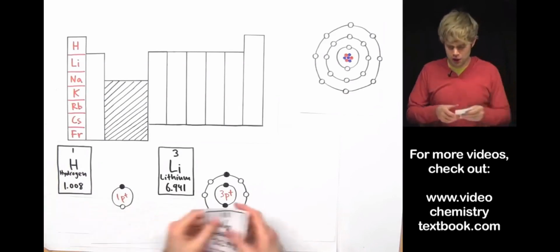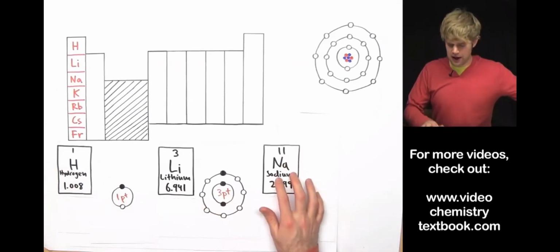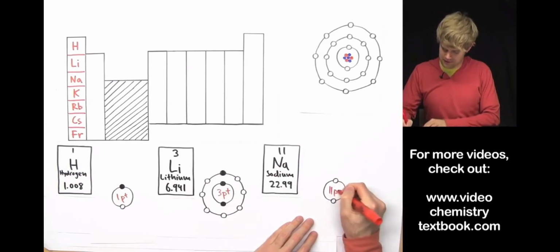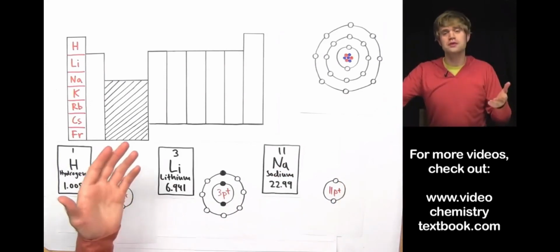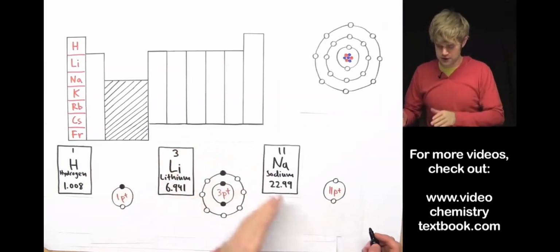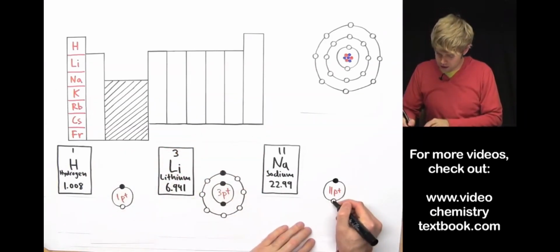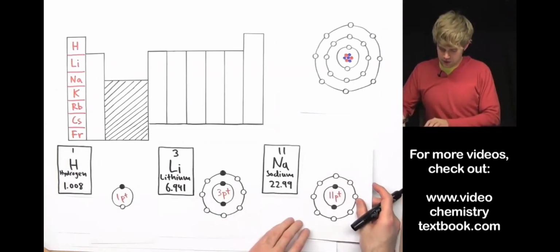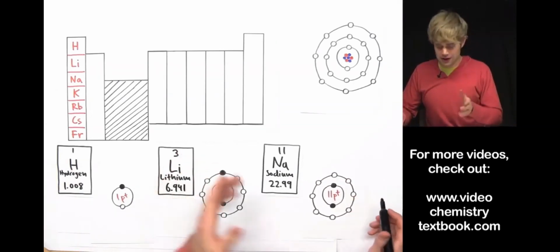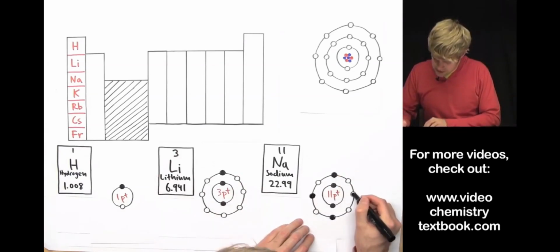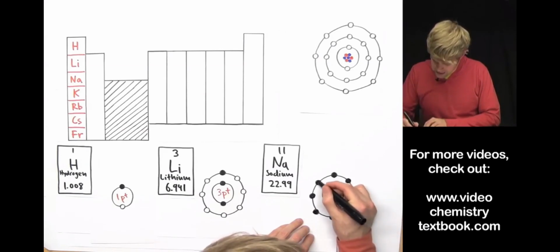Now, let's look at sodium. Sodium has 11 protons in its nucleus, 11 P plus, and we're assuming that since it's neutral, it has the same number of electrons as protons. So let's start filling them in. 1, 2 in the first energy level. Now that's full, so we're going to start filling the second energy level. 3, 4, 5, 6, 7, 8, 9, 10.